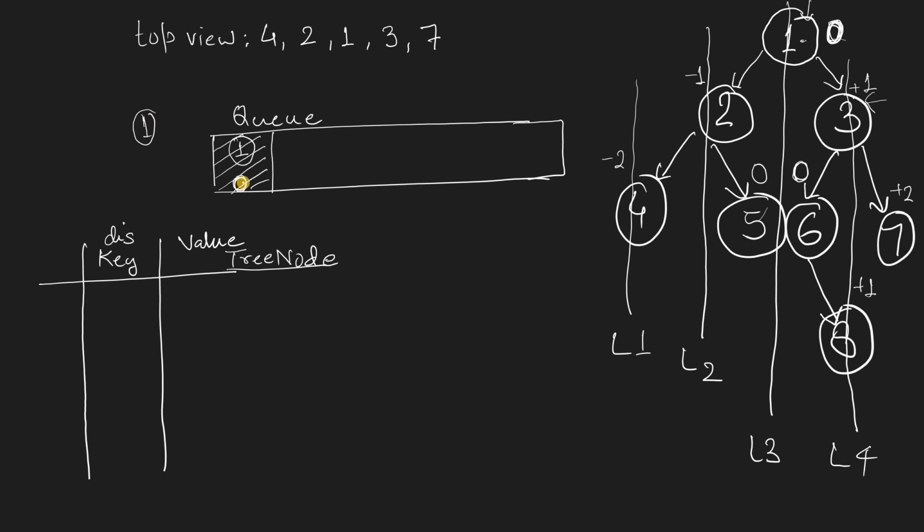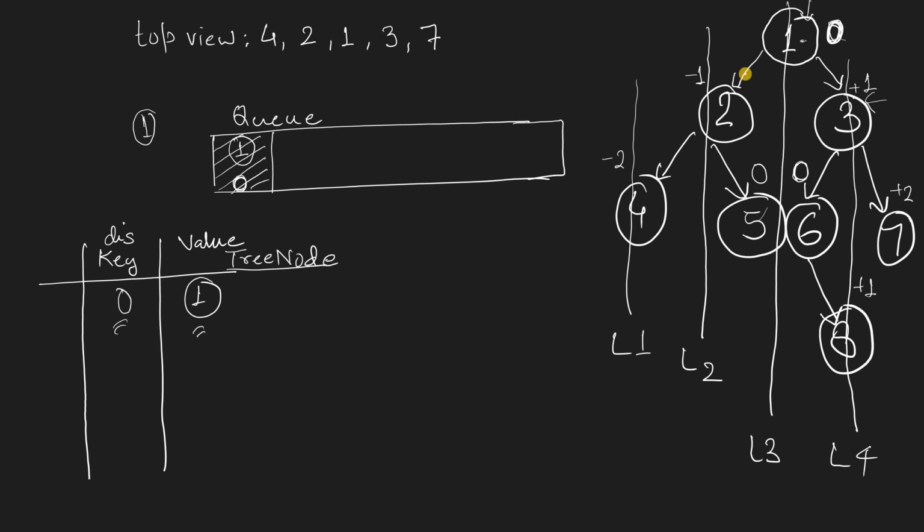First we'll check if the distance 0 exists in the map or not. Initially our map is empty, so we'll add it here. That is, the key will be the distance and the value will be the node.